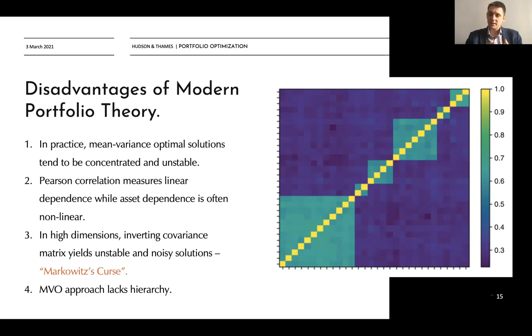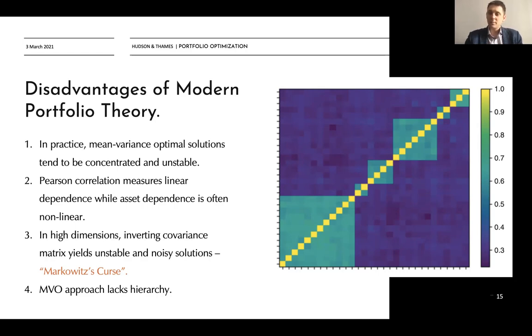The second disadvantage is that Pearson correlation by its design measures linear dependence between assets, while in modern markets, dependence between assets is usually nonlinear. So we need to understand what kind of matrix can measure the nonlinear dependence, and further in our lecture we'll discuss those metrics, but the original design of modern portfolio theory assumes that we calculate the linear Pearson correlation matrix.